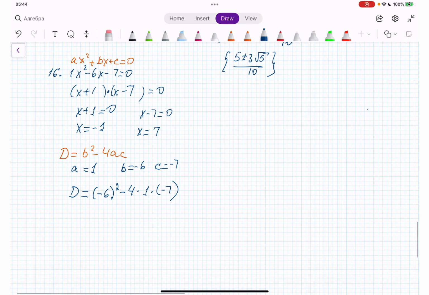Okay, so from here, discriminant is equal 36. So we have two negatives, so multiplication is going to give me positive. 4 times 7, 28, and this is equal 64. So my discriminant will be equal 64. All right?